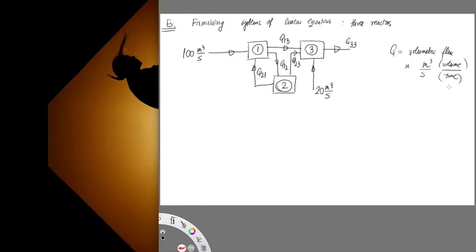So I don't have a filling up of this reactor that could possibly over time blow up or spill, right? So steady state, as an engineer, I want a steady state solution. Okay?